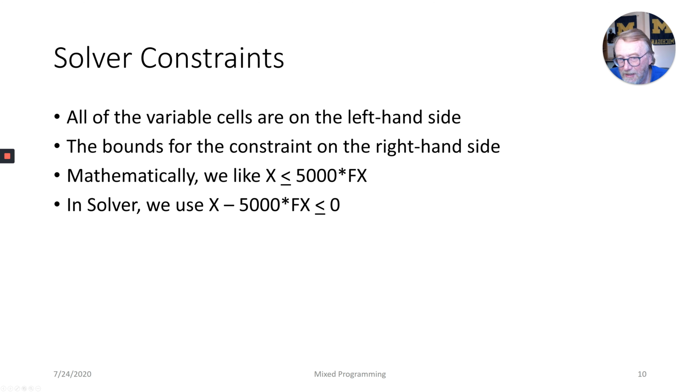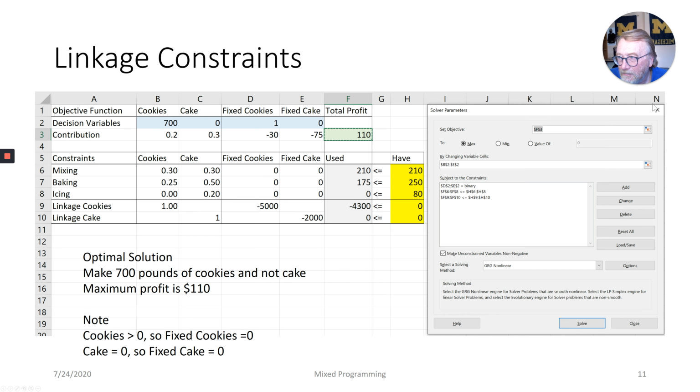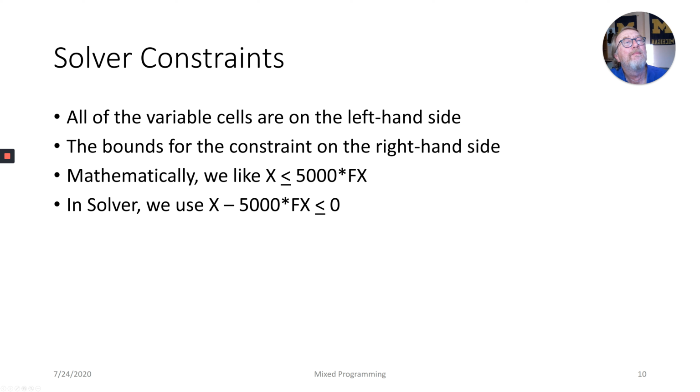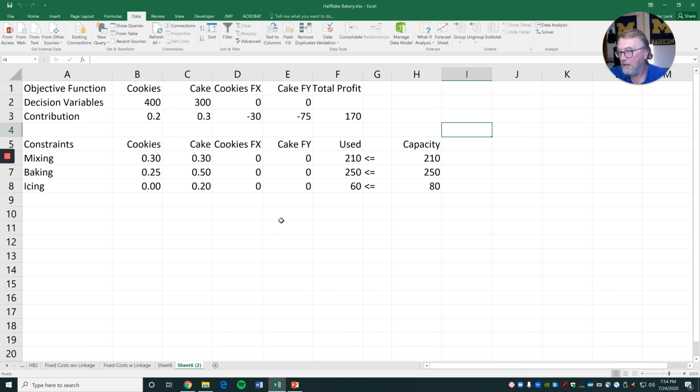So let me go back to my Excel file, and let's just see it, put those in, right? So this is the same thing as we had, but we have linkage for X, and it's going to be 1 minus 5,000, and that's going to be less than or equal to 0.